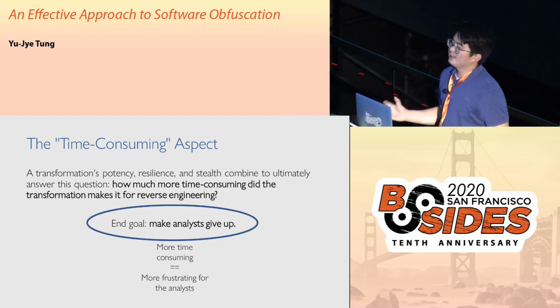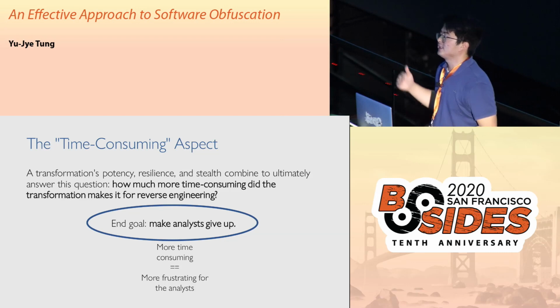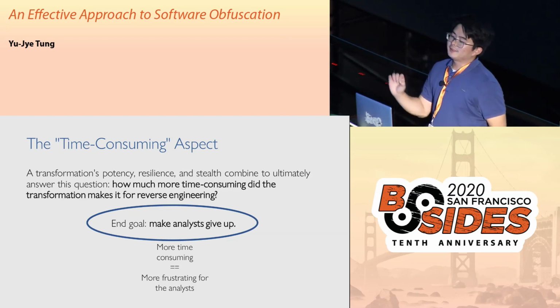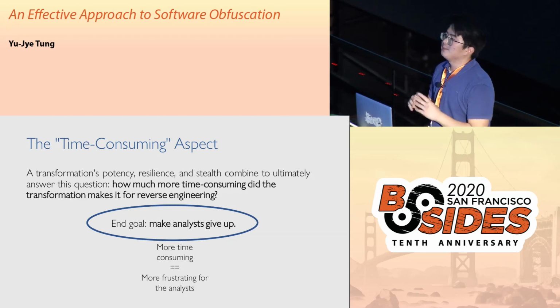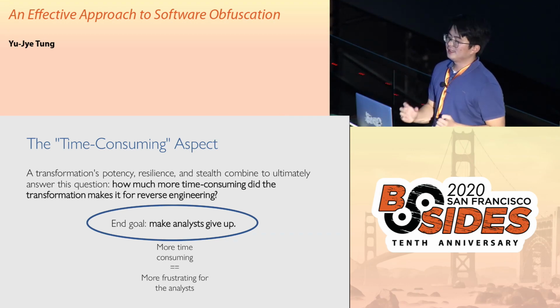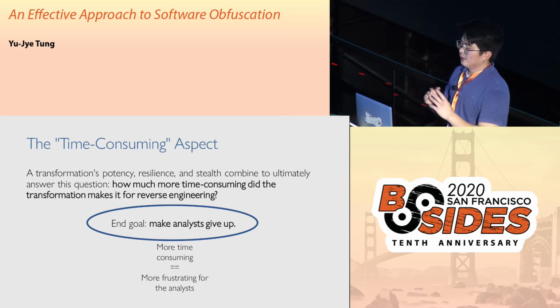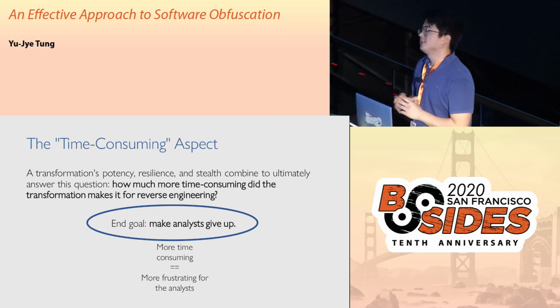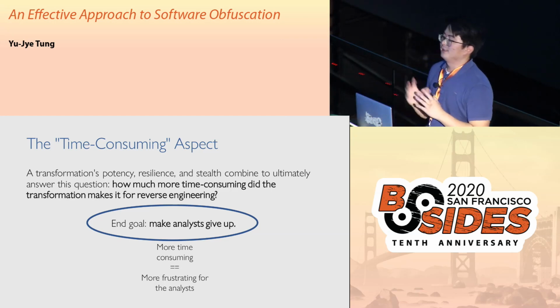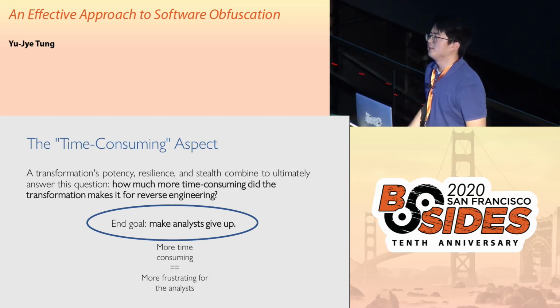At the end of the day, we really just want to make the analyst give up. Software obfuscation achieves this not by making the information that it protects impossible to uncover, but by making the process of uncovering this information so time-consuming that the analyst eventually gives up.